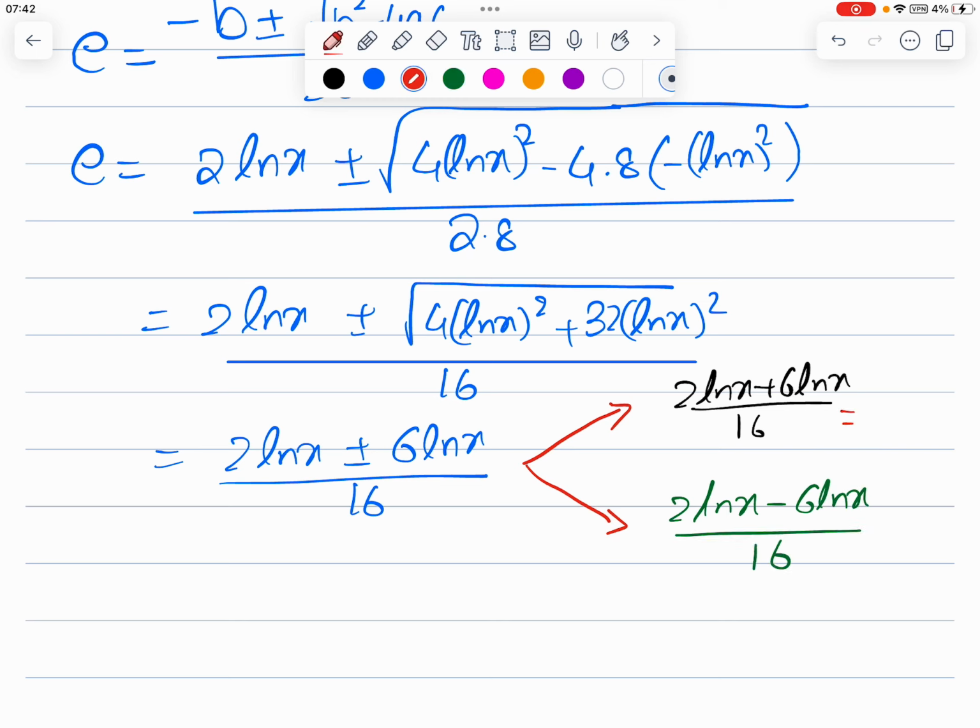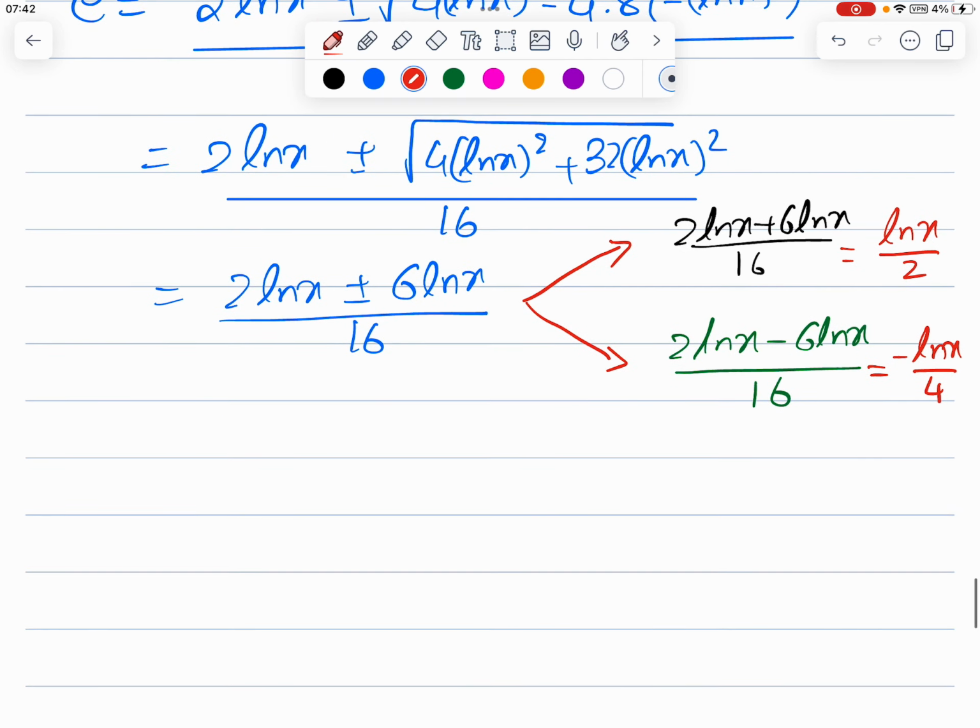It becomes ln x upon 2, or it becomes minus 4 ln x upon 16, which means minus ln x upon 4. So these are going to be the values of e. So e equals either ln x upon 2 or e equals minus ln x upon 4.